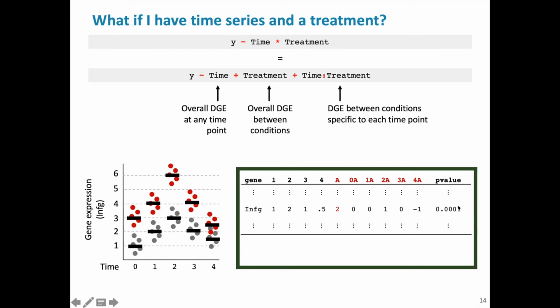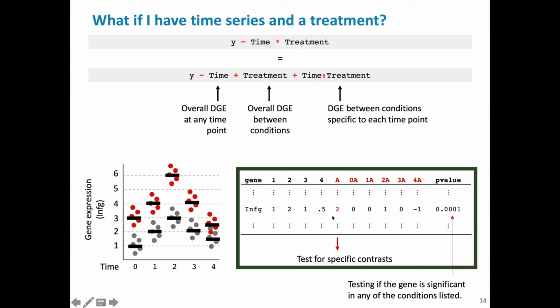But again, what is your question when you have these kinds of very complex data sets? So here we're testing if any gene is significant at any time point at any interaction. And that is really good if you have a heat map, for example. Then you can cluster your gene expression patterns and look at them individually. Or maybe actually you're not interested in the specific time points, it's just for what is the effect of the drug.